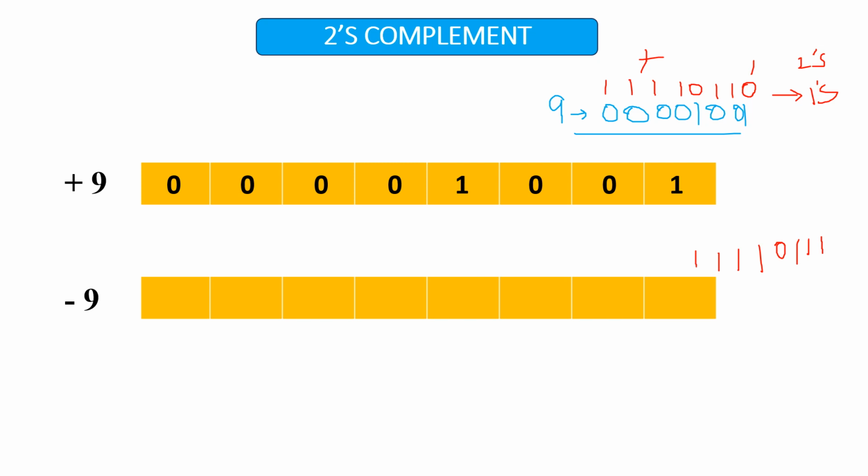So this is the 2's complement for minus 9. So 2's complement is very well used to represent negative numbers, but the positive numbers are the same as the true binary form. Only the negative number will be different.